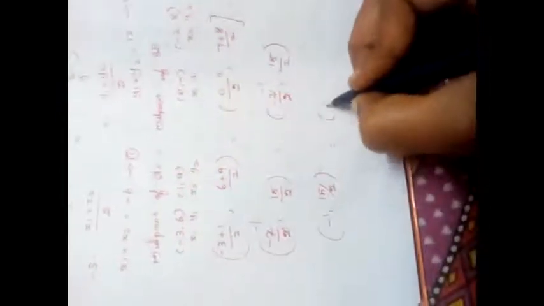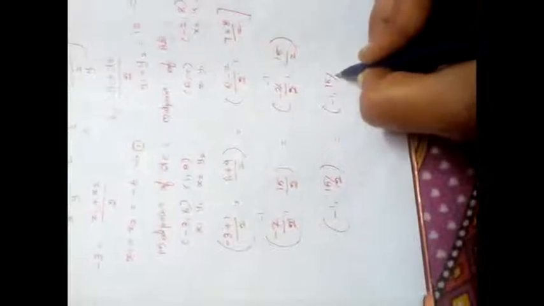Cancelling, we get minus 1 and here also minus 1. So minus 1 comma 15 by 2 is equal to minus 1 comma 15 by 2.